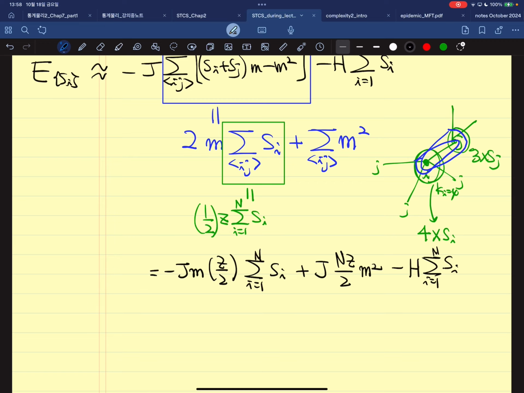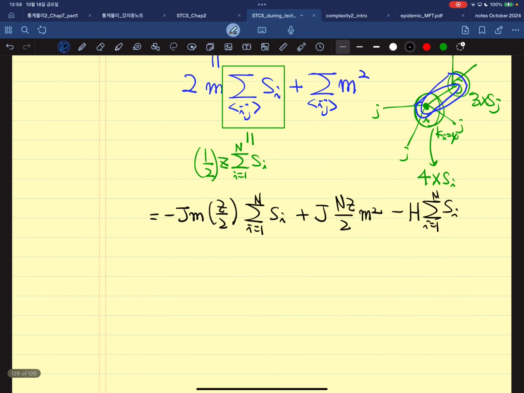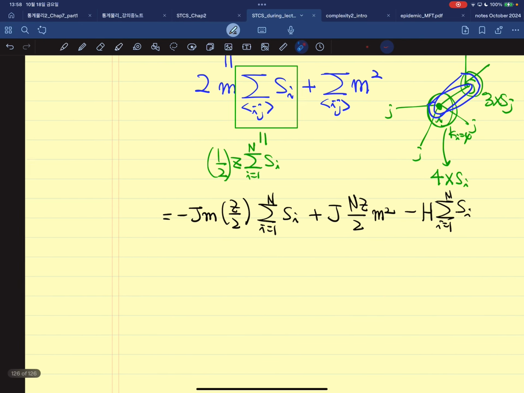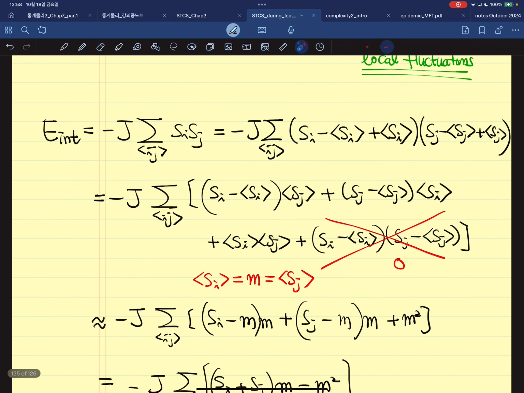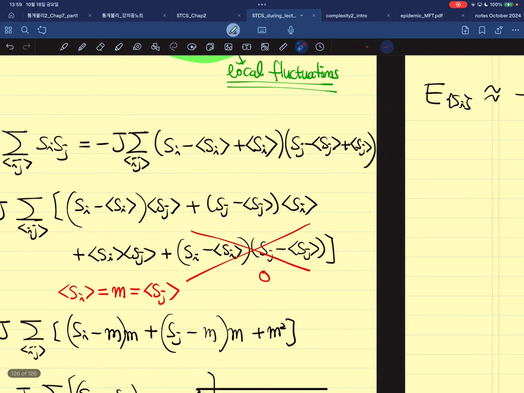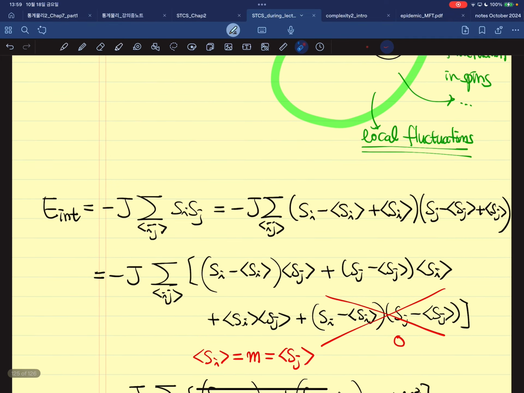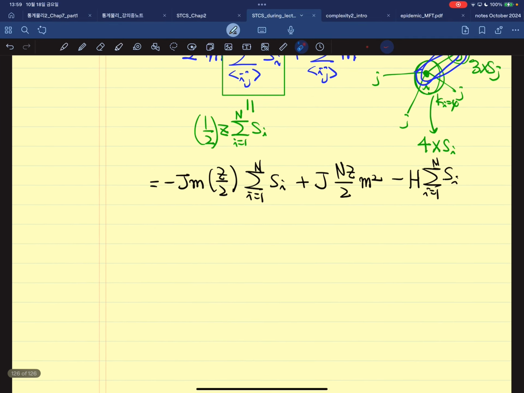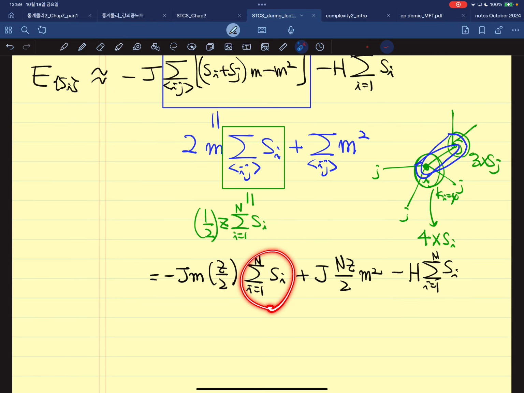So the key point here is that we first start from this non-trivial interaction term, but by removing the local fluctuation and treating the average value as a single value, we actually get rid of all these nonlinear interaction terms. It ends up with the single summation term.